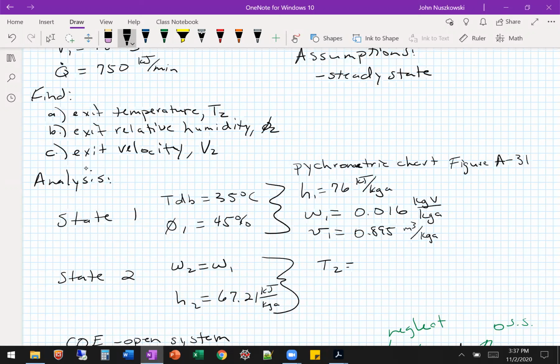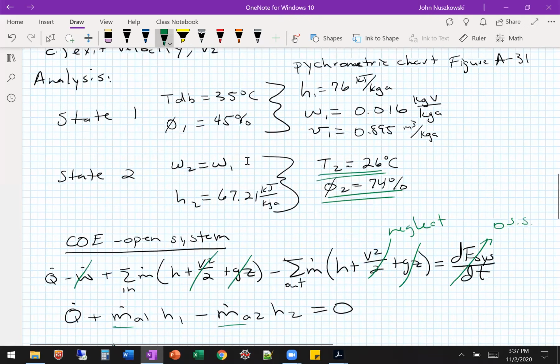We get 26 degrees, and relative humidity is 74%. The last thing we have to solve is the exit velocity.